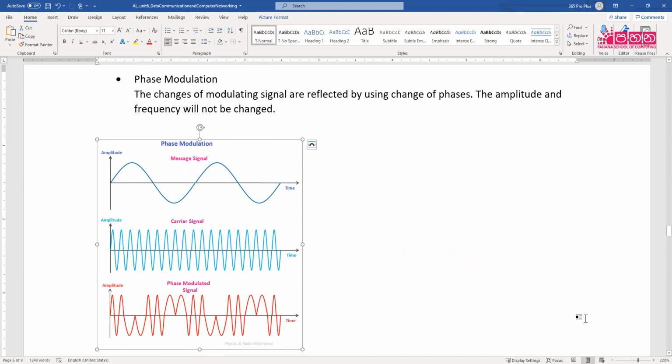The phases have changed to reflect the message signal using phase modulation, right? That means when there's a high voltage, you see there's a different pattern, and the low voltage, again, there's a different pattern like this, right? So this is called phase modulation.